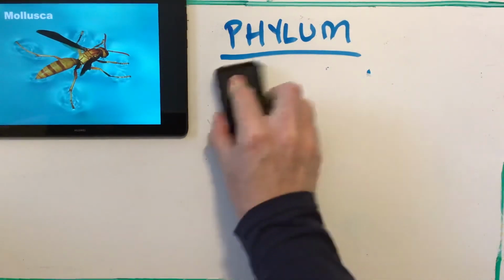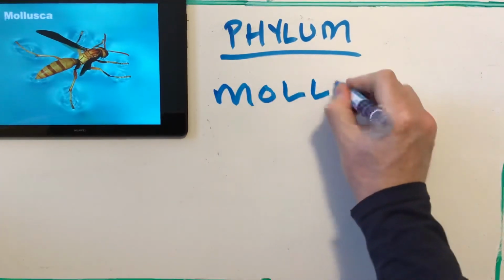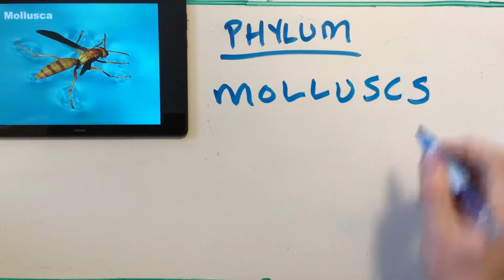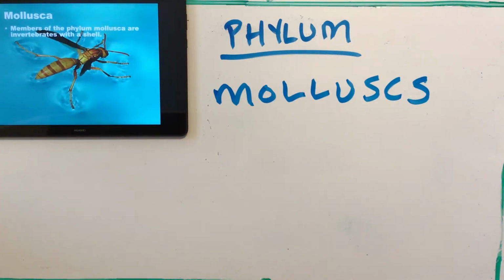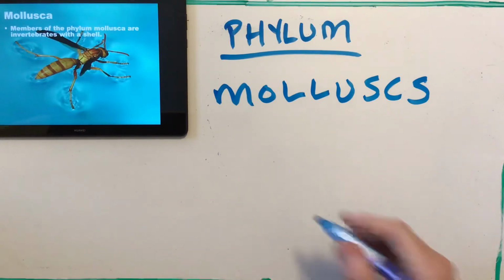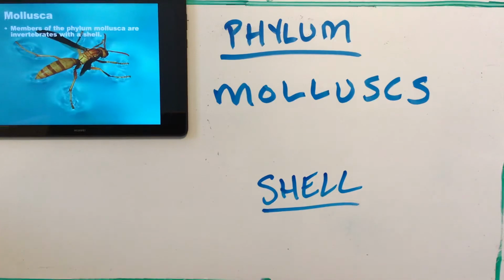Our next group, mollusks. Phylum Mollusca. They are invertebrates and they have a shell. That's a big thing with them. Nothing else has the shell.